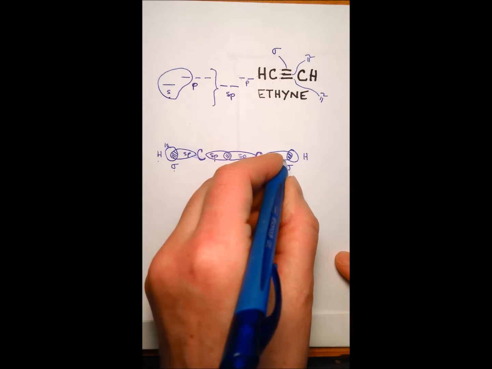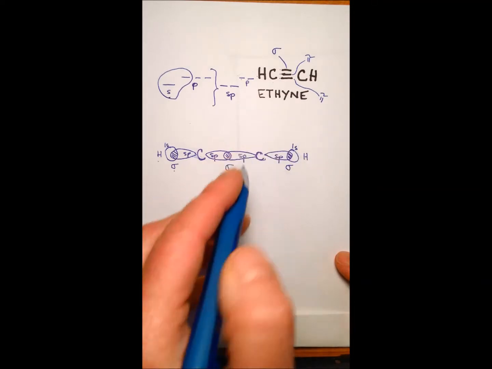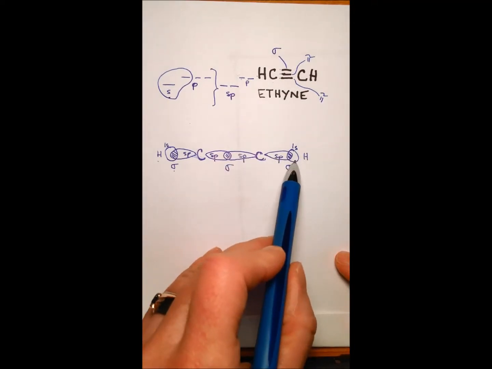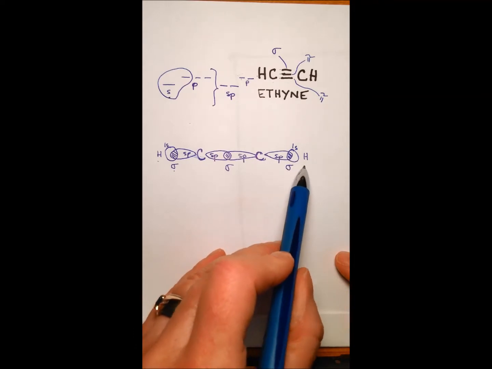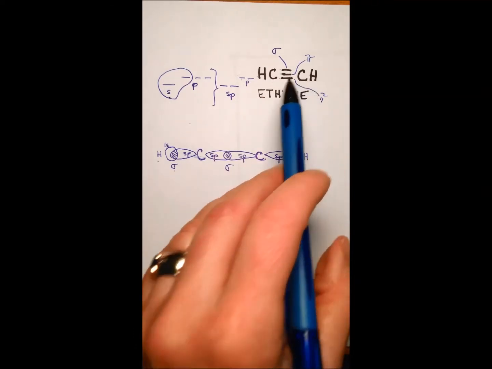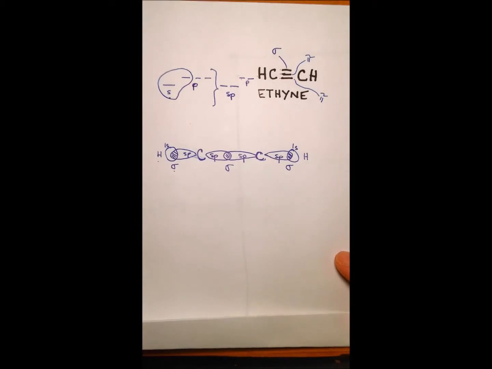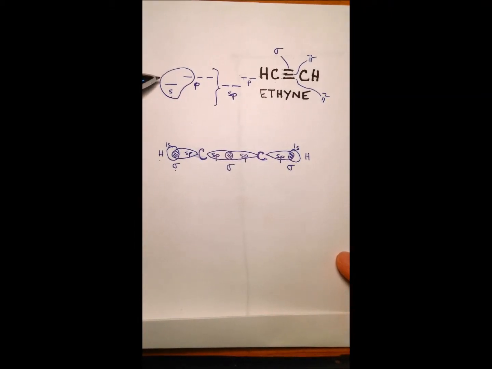So again, this carbon number 2 has two sp hybrid orbitals, and one of them overlaps with a 1s on hydrogen to form this sigma bond, and the other here. So going back to my hybridization state, remember it used an s and a p to form two sp hybrid orbitals, which left two p orbitals left over. And p's do not make sigma bonds, they make pi.